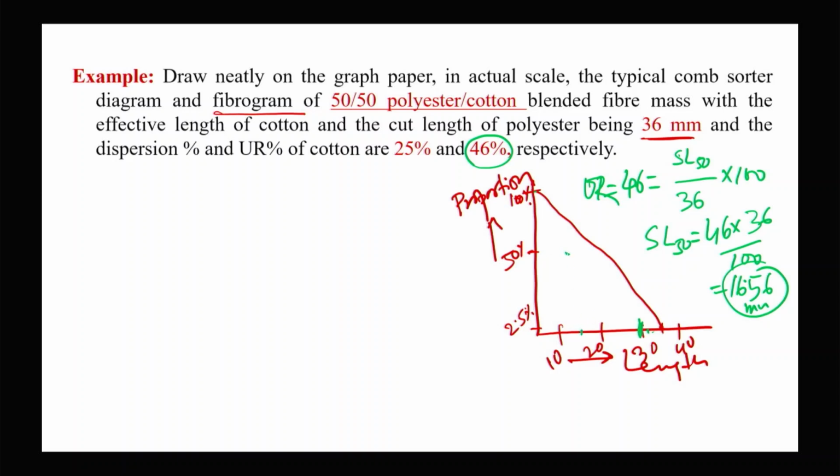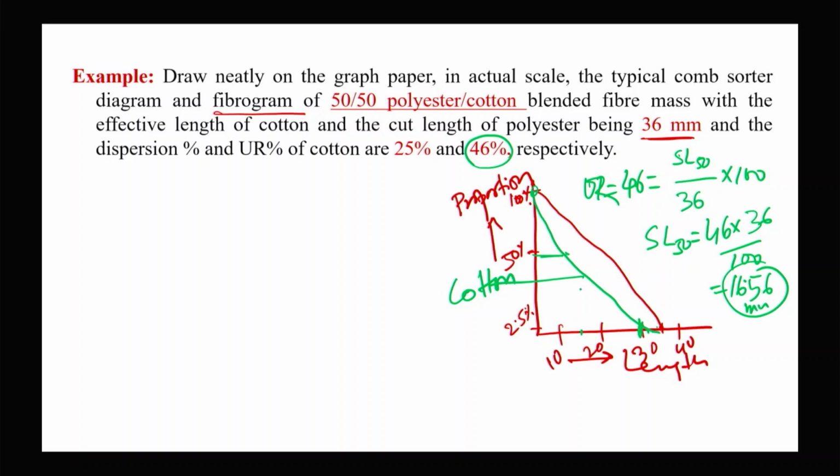At this point, this is the point. So 16 is the 50% span length from this point, and we start with this and go through this. This is the typical curve for cotton. For polyester we have a straight line.